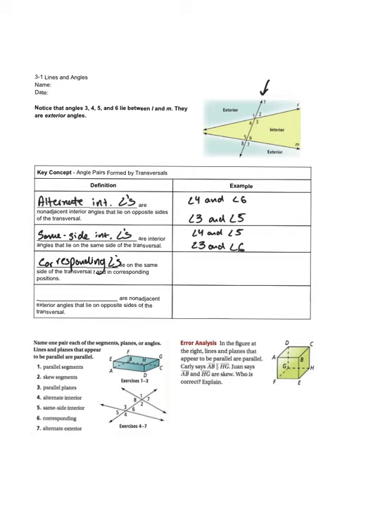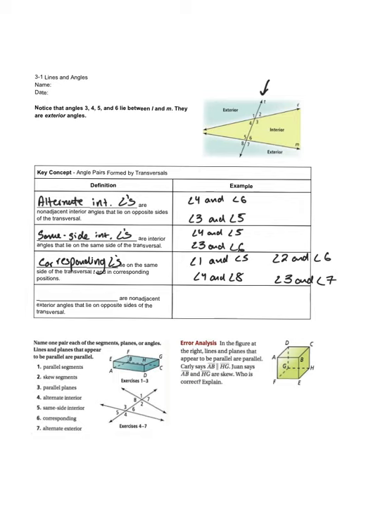Angles 1 and 5 are corresponding, and angles 4 and 8 are corresponding on the left side. Now on the right side, same thing: angles 2 and 6, and angles 3 and 7.